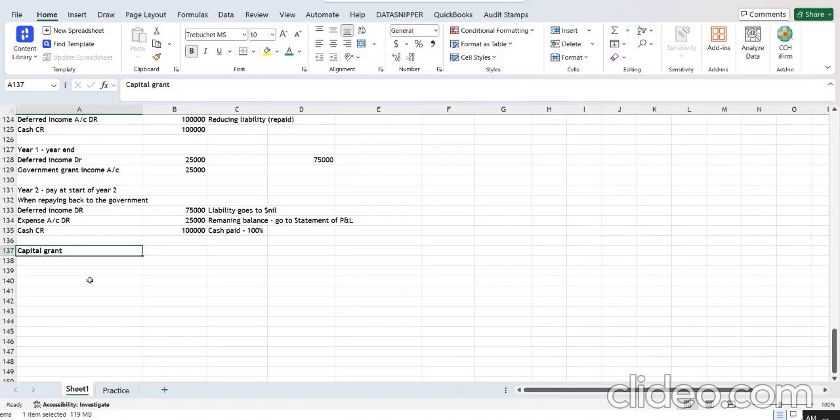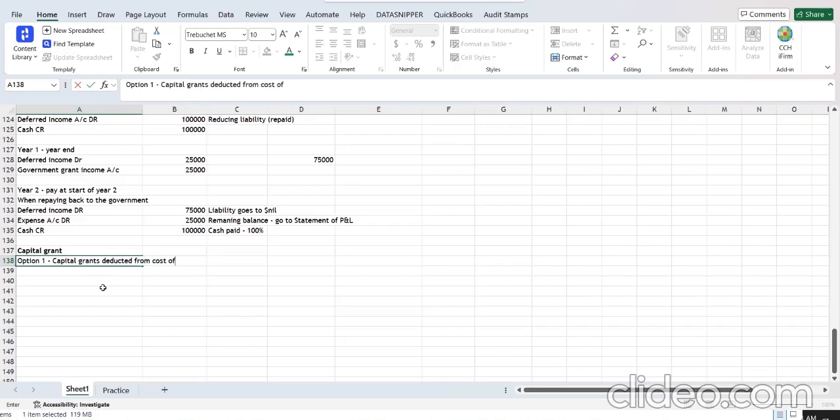So just pay good attention to your capital grant question. If you are reversing any capital grant, and in capital grant, if you followed option 1, that was capital grants deducted from cost of asset, right?